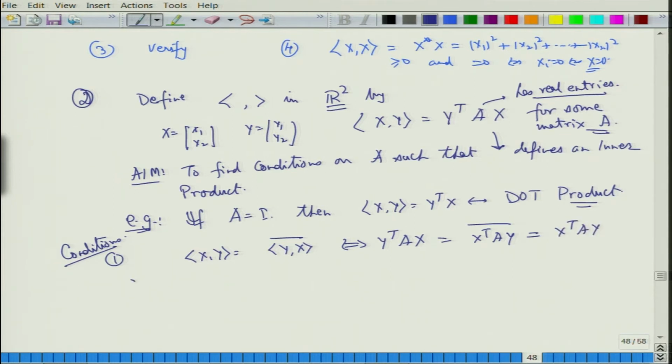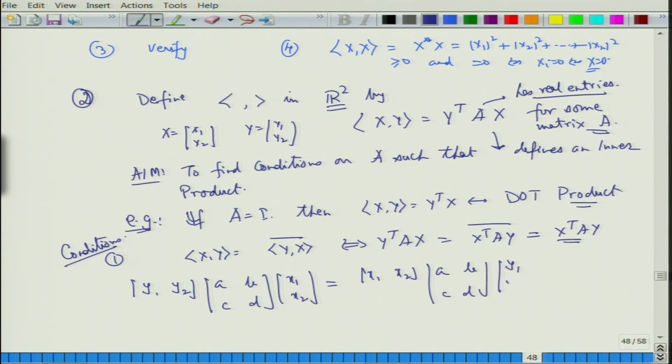So what we are seeing here is that we have y1, y2. Let me write A as (a, b; c, d), times (x1, x2). I want this to be equal to x1, x2 times (a, b; c, d) times (y1, y2). Fine.